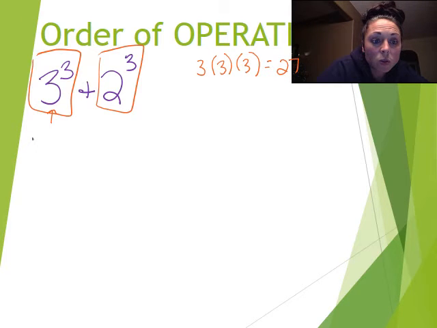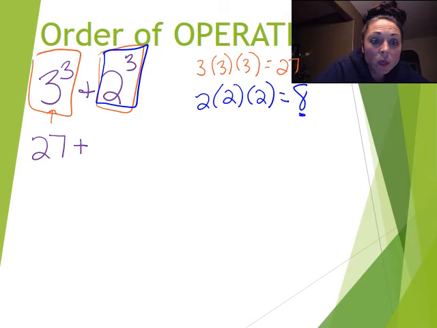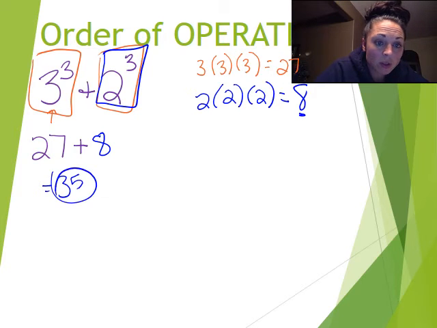So I'm going to take 27 plus, what is the answer of this? This means 2 times 2 times 2, which equals 8. So 27 plus 8 equals 35 is your answer.